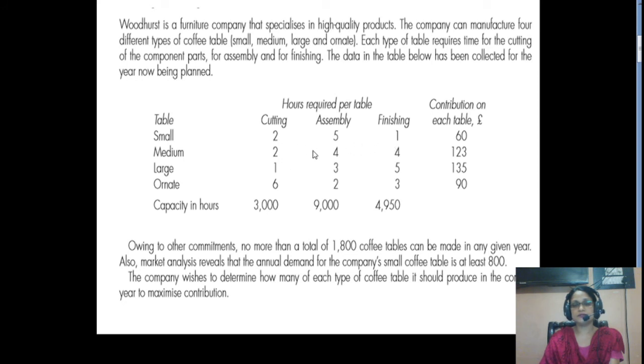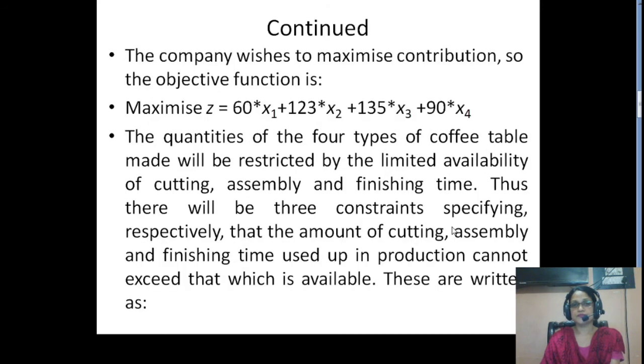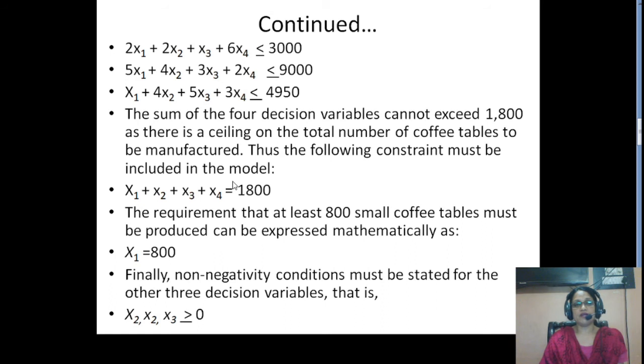This figure plus this figure plus this figure should be less than or equal to 3000, less than or equal to 9000, less than or equal to 4950. This is your objective function, right? One another condition, I told you that x1 plus x2 plus x3 plus x4 should not be more than 1800, right?